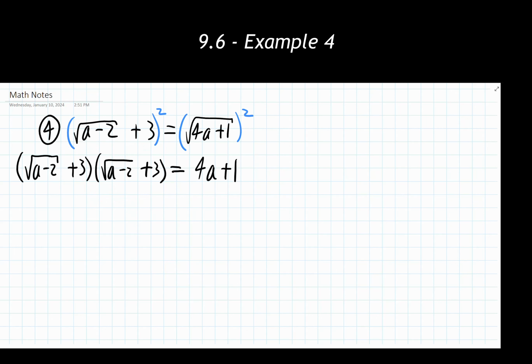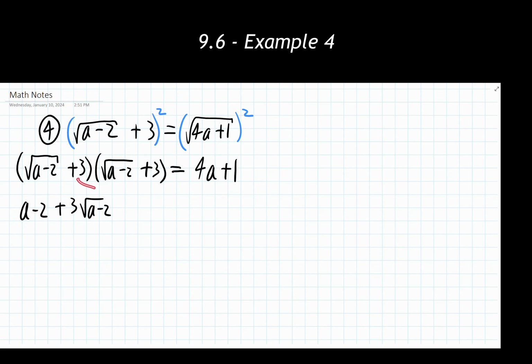I need to simplify the left side down as best I possibly can. So I'm going to take the square root of a minus 2 and multiply it through to everything inside the second set of parentheses. When I do that, I'm getting a minus 2 plus 3 times the square root of a minus 2. Square root of a minus 2 times the square root of a minus 2 is going to cancel out to give me a minus 2 left over here.